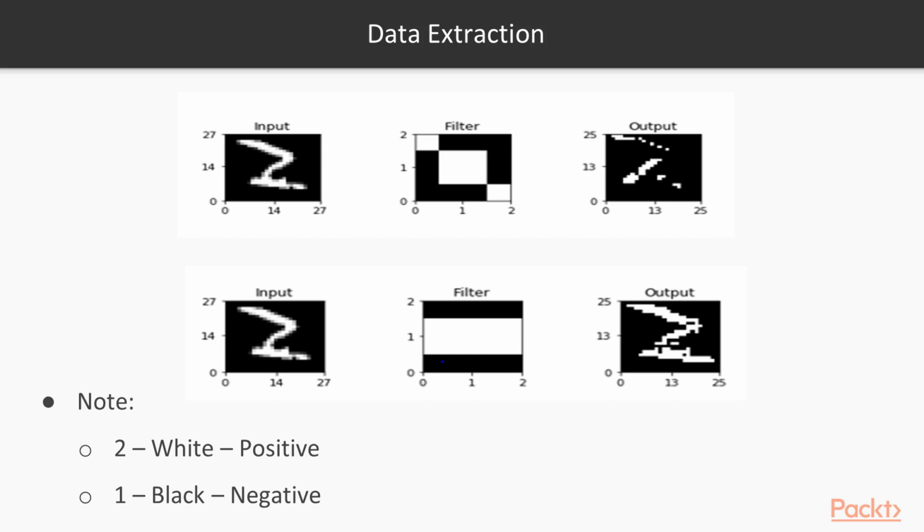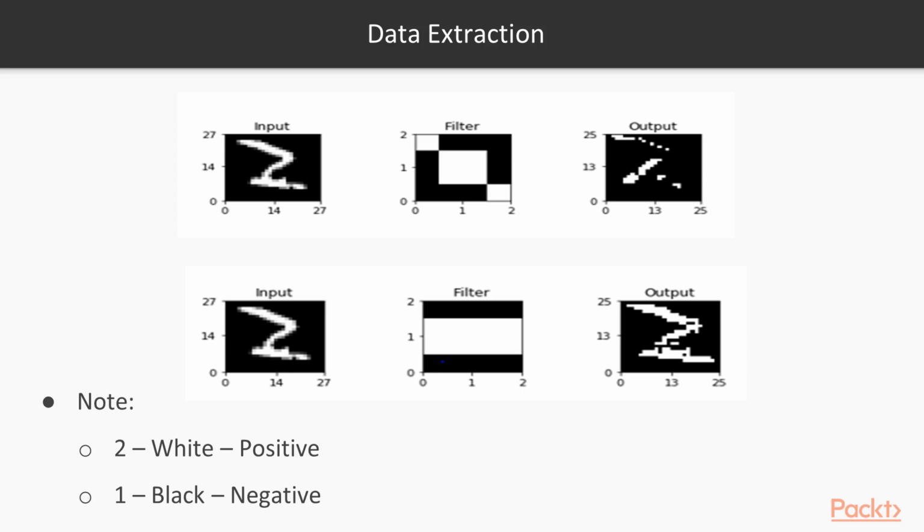Our patch size means we have a filter size of 3 cross 3. This 3 cross 3 will be passed through our image step by step, and you're going to get the output. How do we choose this filter size, and what is the reason for max pooling or image reduction? We will look into it in the next video.